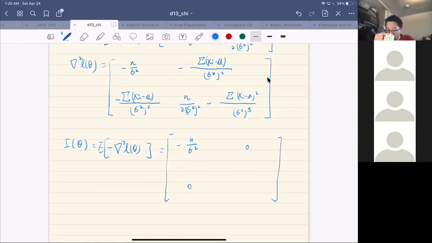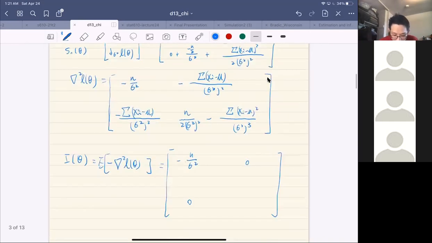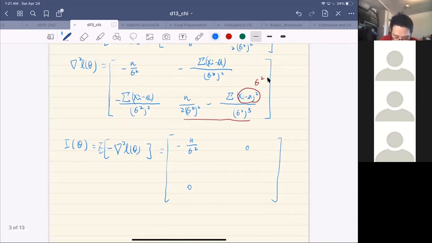And for this term, the average is equal to sigma squared, so the numerator is n sigma squared. Sorry, here it is positive. It will be equal to n over 2 sigma squared to the power 2.